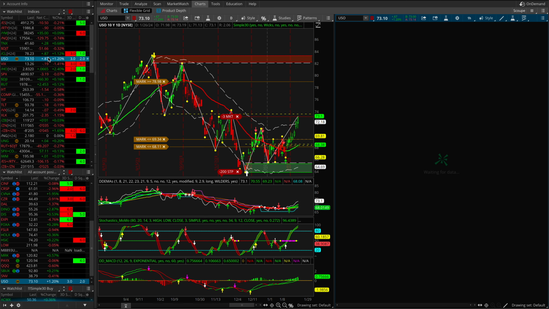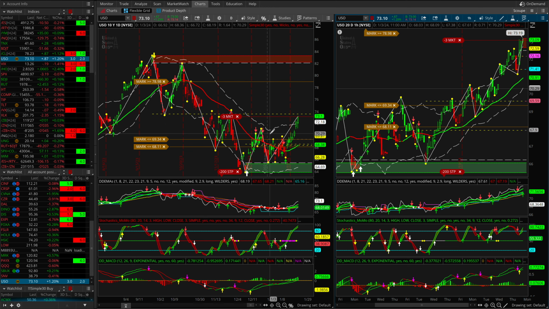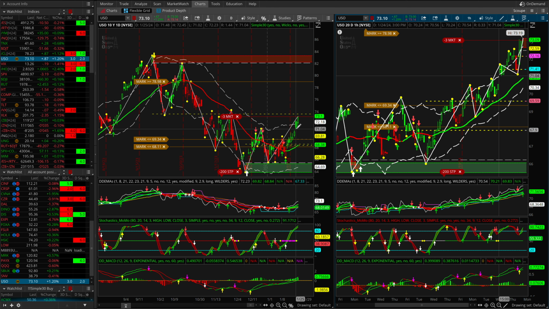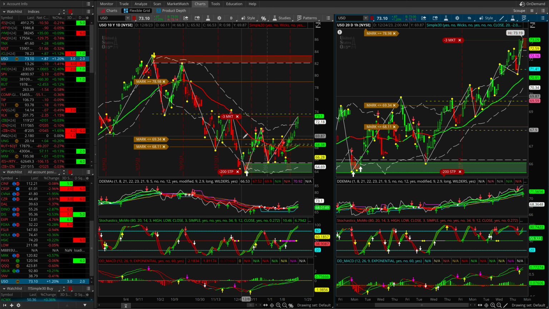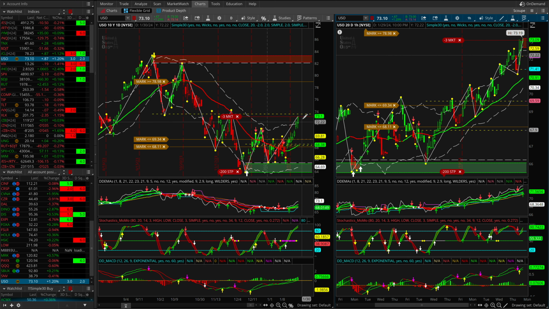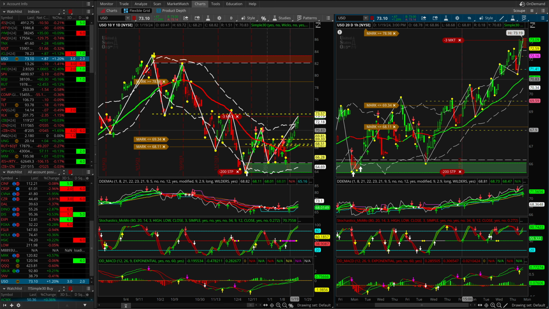Oil. Let's look at oil because I think it's a really good lesson here. Been waiting for this pivot to get taken out, and you can see that happened yesterday. So our position, after literally weeks of back and forth, has finally taken off to the upside. And we can just monitor it off of this green line down here, and when it crosses the green line we can adjust our pivots, or we can go all the way over here.